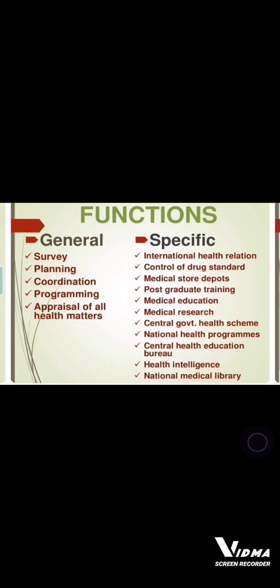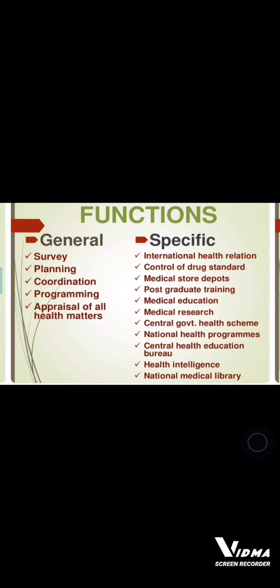Next one, national health program. Whatever health programs are present, they will send to each and every individual and make people aware about the national health program. Then DGHS's next function is the Central Health Education Bureau.